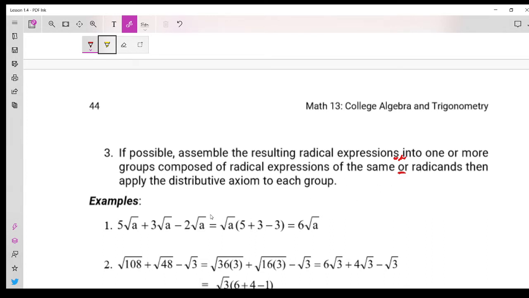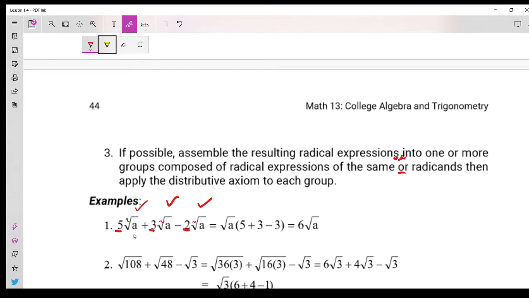Or simply, if they are already similar radicals, just add or subtract the numerical coefficients. So for instance, 5 square root of a plus 3 square root of a minus 2 square root of a. These three terms here are actually similar radicals because we have the same indices and the same radicands.